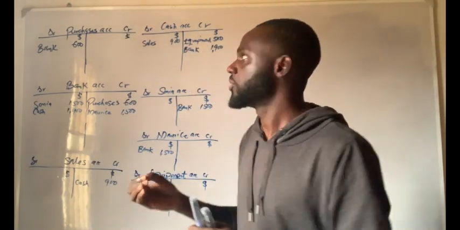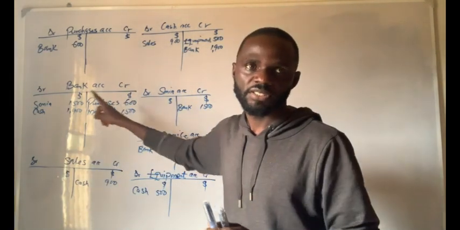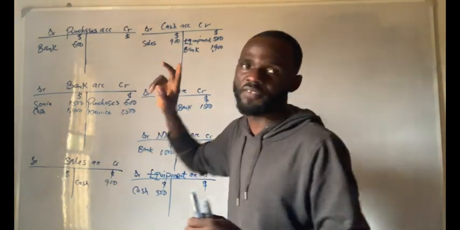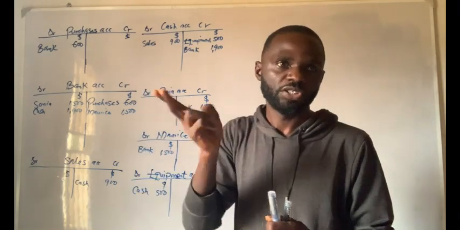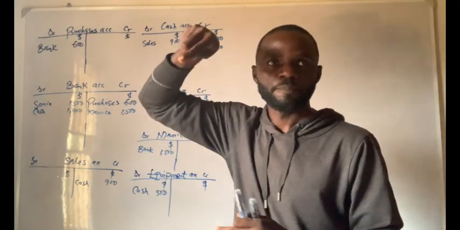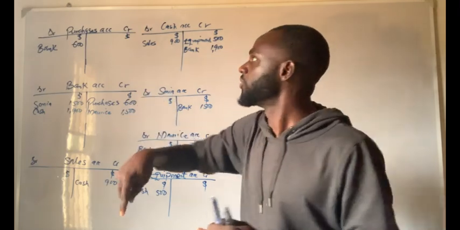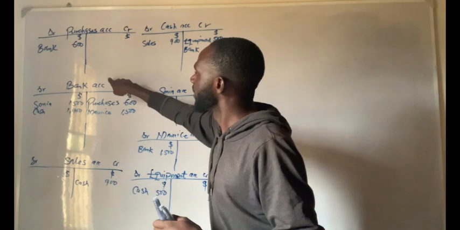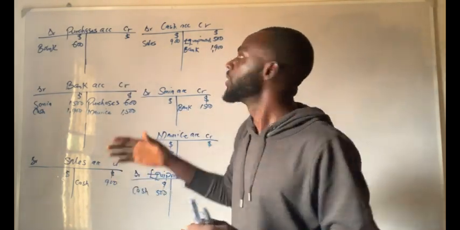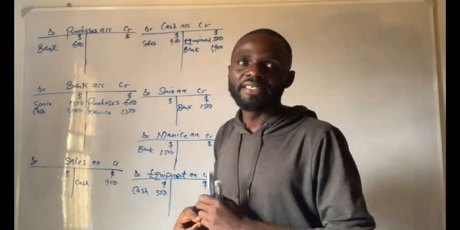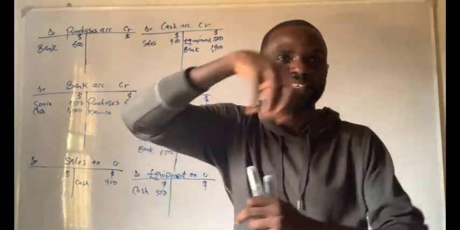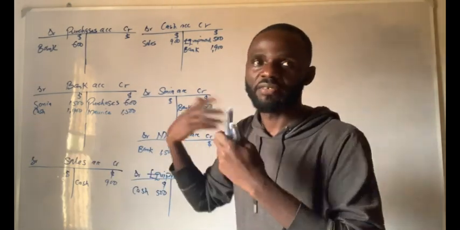Why is it contra entry? Because this transaction affects the account of the business. Both the credit and the debit are played out in the account of the business. This cash account is for the business, this bank account is for the business. So it's just a movement of cash, probably because there is a shortage of cash in the bank account to make payments for whatever they want to pay for.